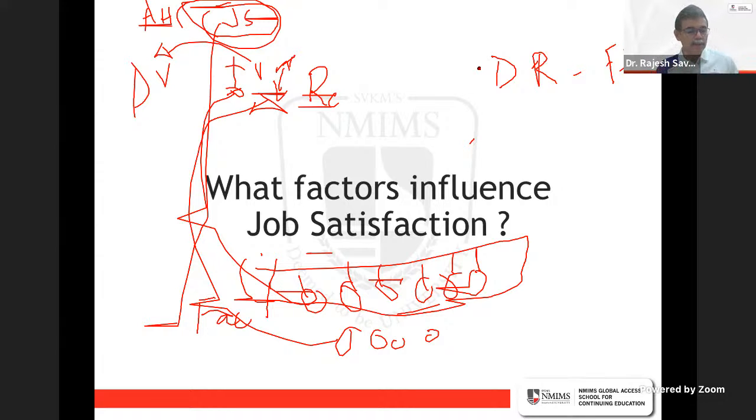So hear me out. First, components of job satisfaction. Check for multicollinearity, which is factor analysis. If not, no problem. Straight away regress that on the dependent variable, which is job satisfaction. If yes, do factor analysis and then regress it.